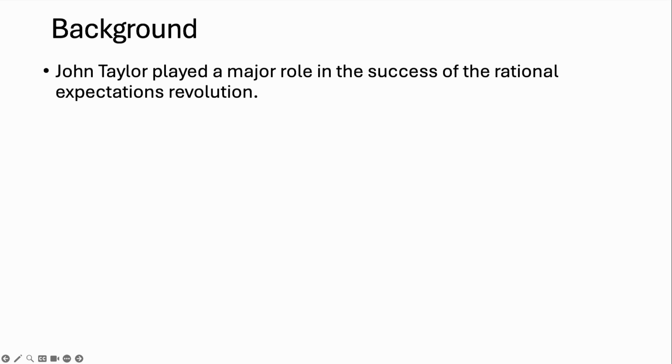I don't think that revolution is over yet. Actually, it's going beyond rational expectations now. But this was a major revolution, and it's possible it couldn't have been successful without John's input.